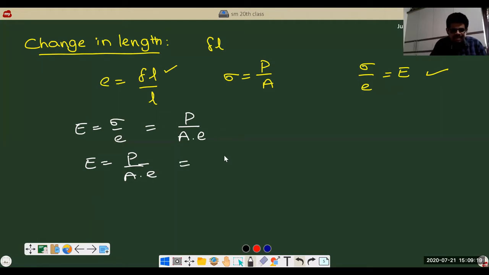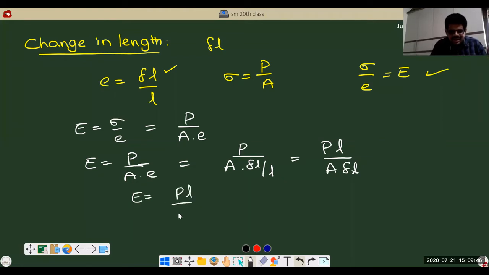Now it will become P by A into delta L by L. Now this L is brought to the numerator, so it will become E is equal to P L by A into delta L. Now I will bring this E this side and delta L that side, so that delta L is brought to the numerator of the left hand side and E is brought to the denominator of the right hand side.